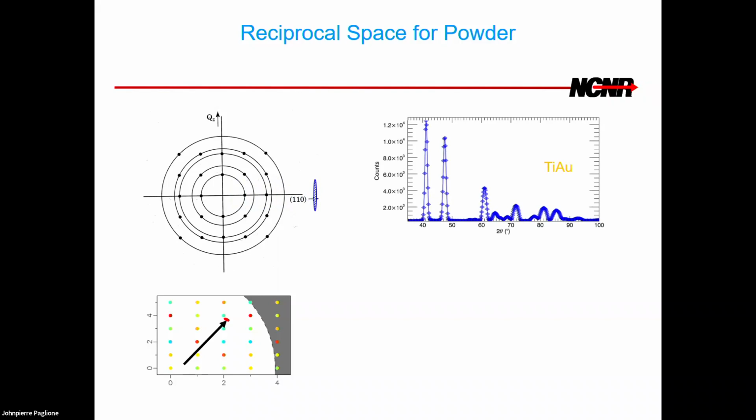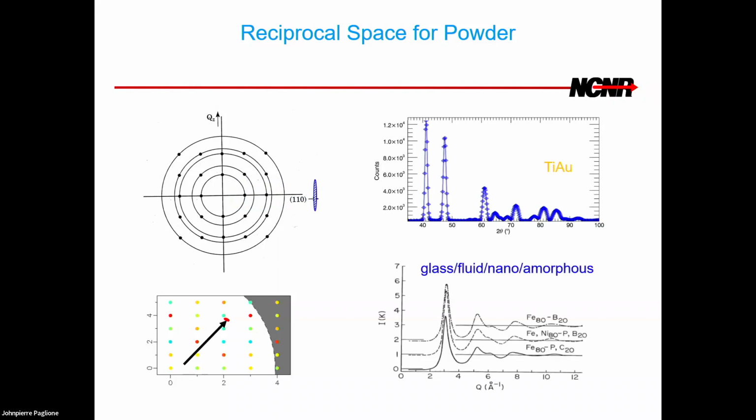This is actually a titanium gold alloy that we did with the Rice group and the Morrison group. So that's what that powder diffraction looks like. And if you have, for example, a glass or fluid or nanoparticles that are really small, or structurally amorphous materials, then you do get a peak, which is just the nearest neighbor distance, but you get basically a pair correlation. So that's what powder looks like.